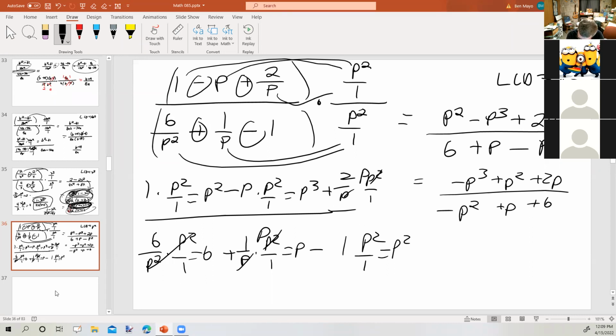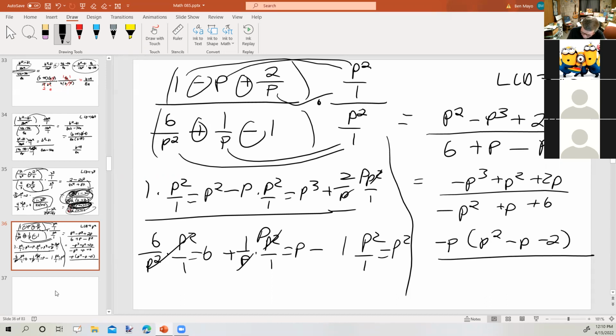I'm going to factor out of the numerator negative p, which gives me p squared minus p minus 2. I'm going to factor a negative 1 out of the denominator, which gives me p squared minus p minus 6. So far, so good.